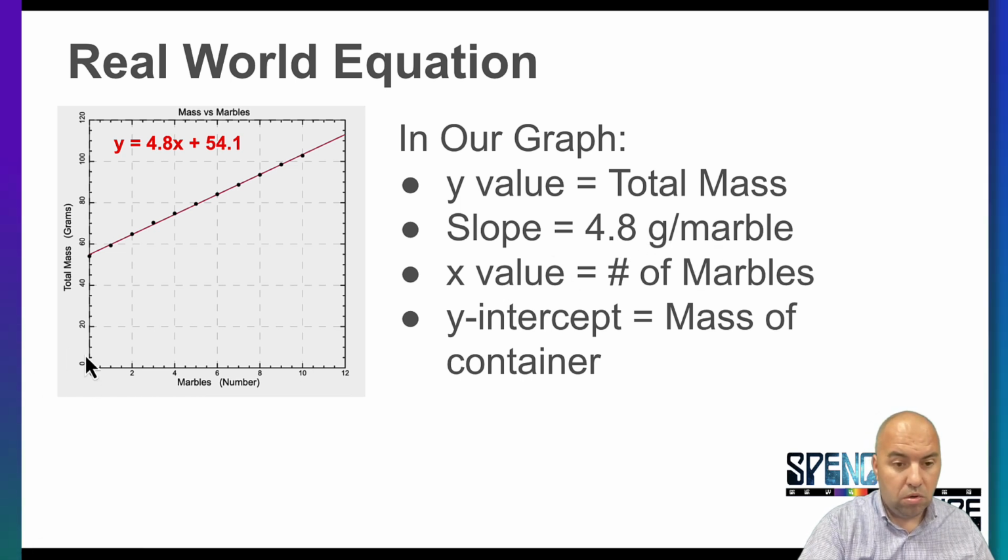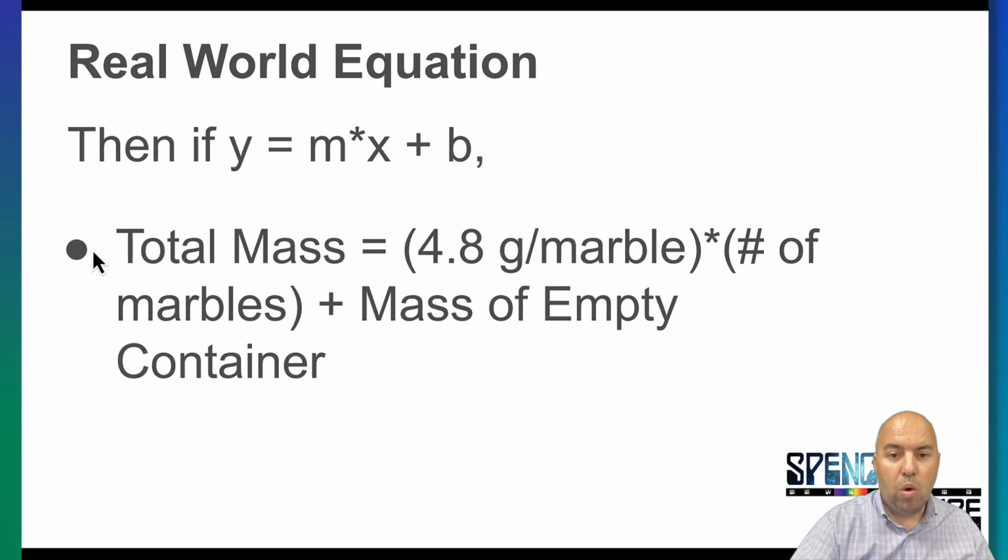Our x value is the number of marbles, and our y-intercept is the mass of an empty container. So we can turn y equals mx plus b into a real-world equation: our total mass can be found by taking the average mass per marble of 4.8 grams per marble, multiplying it by the number of marbles, and then adding the mass of the empty container.